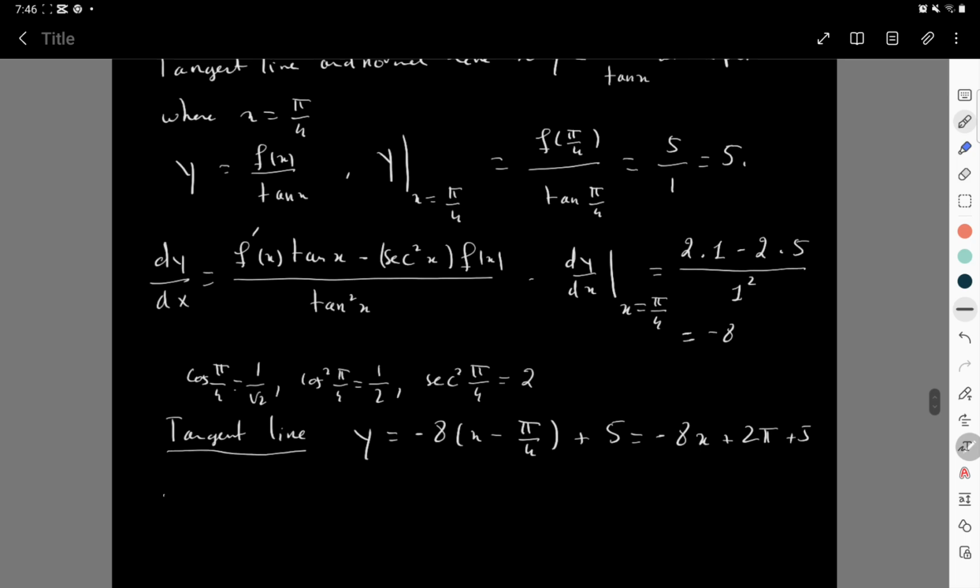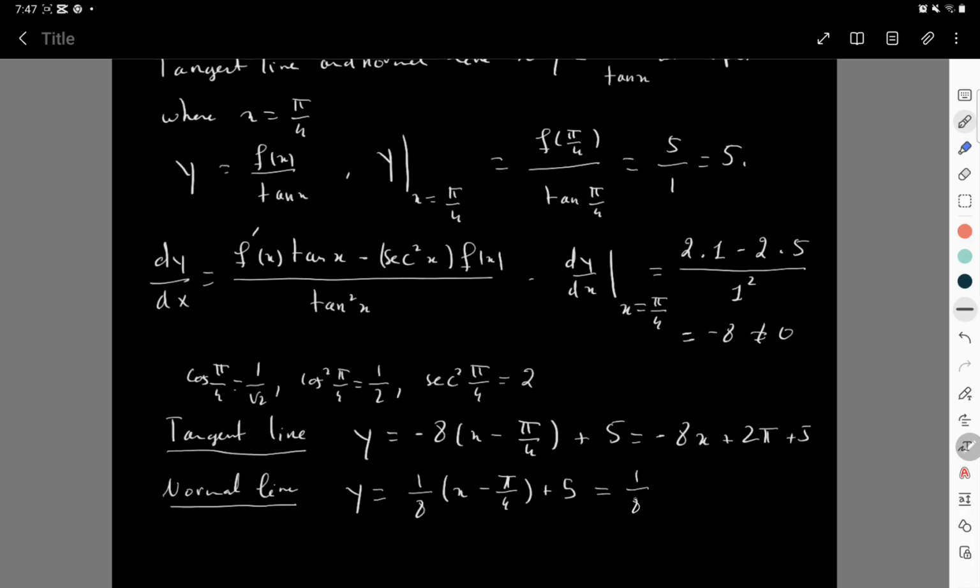Now the normal line, what's the equation of the normal line? Well, the slope of the tangent line is negative 8, which is non-zero. So the normal line has slope minus 1 over minus 8, which is 1 over 8, times x minus pi over 4 plus 5.